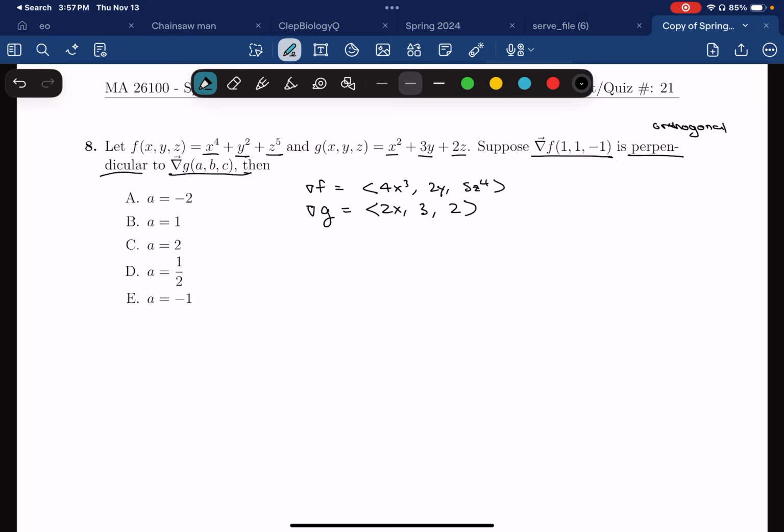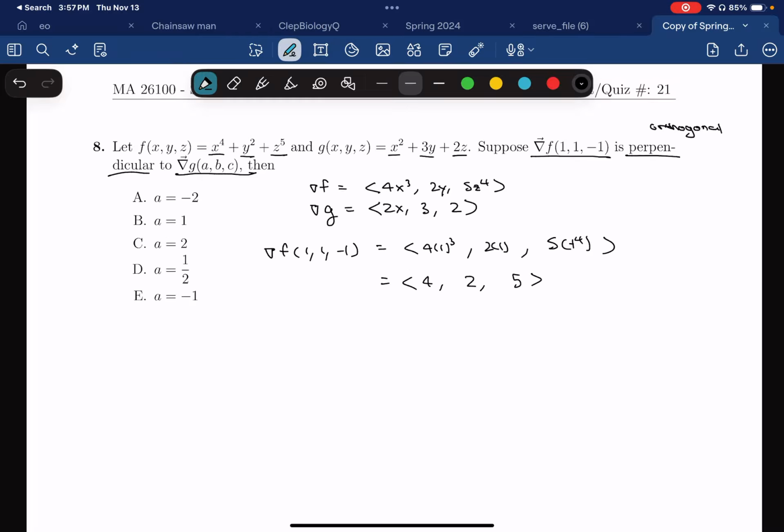So now we've got to find the gradient of f at (1, 1, -1). That's pretty simple. That's just 4 times 1 cubed, comma, 2 times 1, comma, and then 5 times negative 1 to the 4th, which will get us the answer (4, 2, 5).